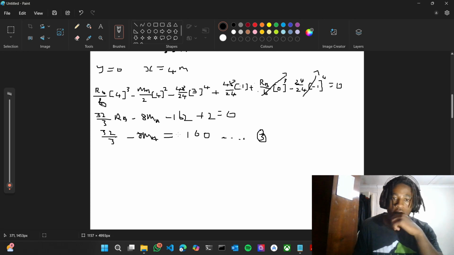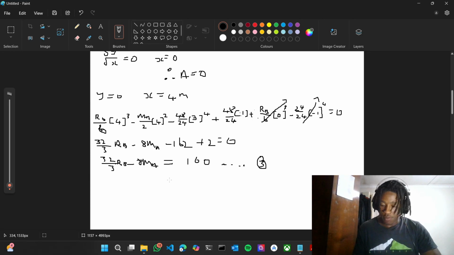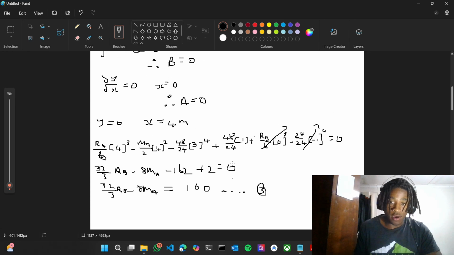So now we have two unknowns here, because this is an indeterminate beam, right? Indeterminate beams have more unknowns than there are equations available to evaluate.